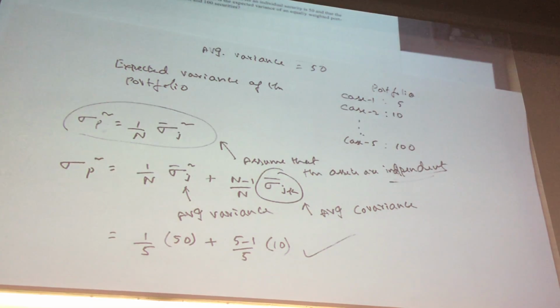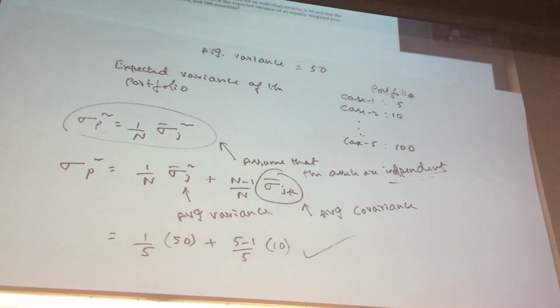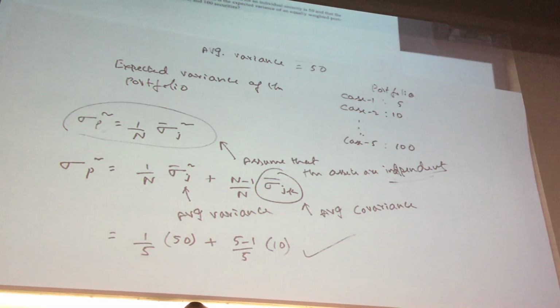Okay. So it's a very simple, straightforward exercise. So I hope you are comfortable now with at least how one can estimate the expected returns of the portfolio and the variance of the portfolio. Whether we have 2 assets, 3 assets, 100 assets, doesn't matter. You can use the same logic and do the analysis.